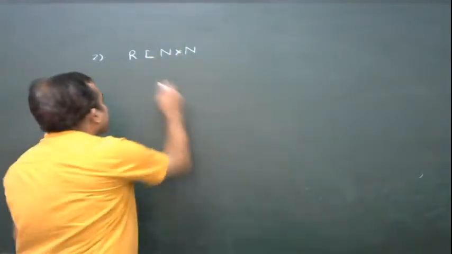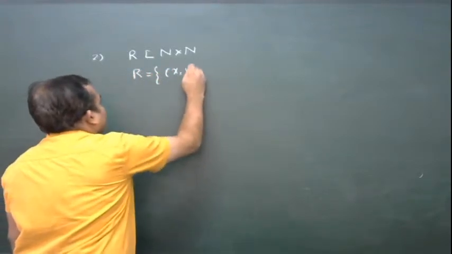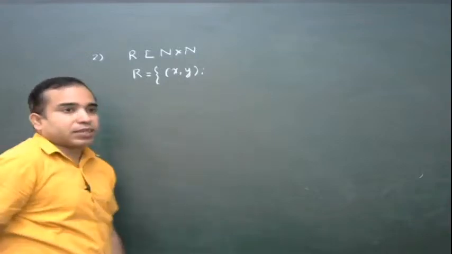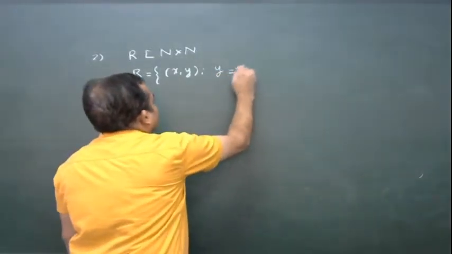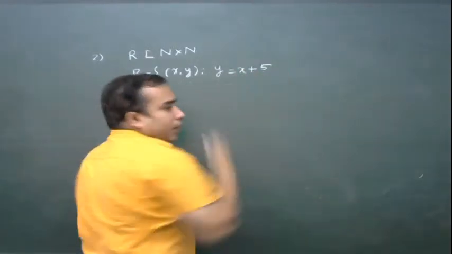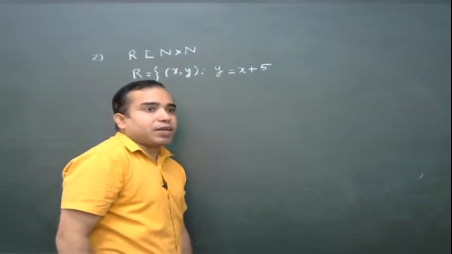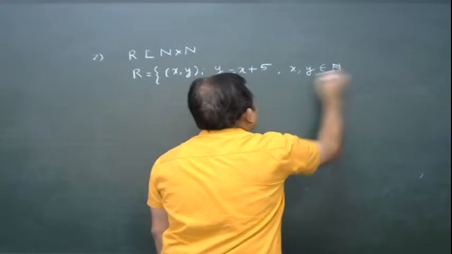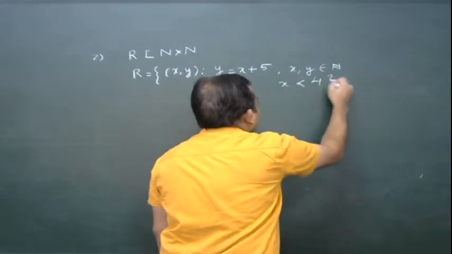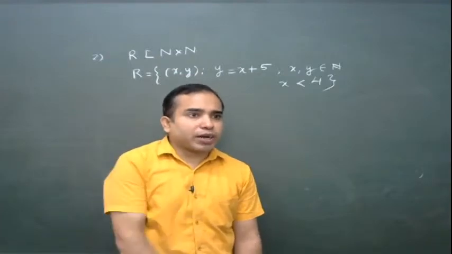R is a subset of N cross N, and R is a collection of x comma y ordered pairs such that y is equal to x plus 5, where both x and y are natural numbers, but x is less than 4. Just check whether it is strictly less than 4 or less than or equal to 4. No, it's strictly less than 4.